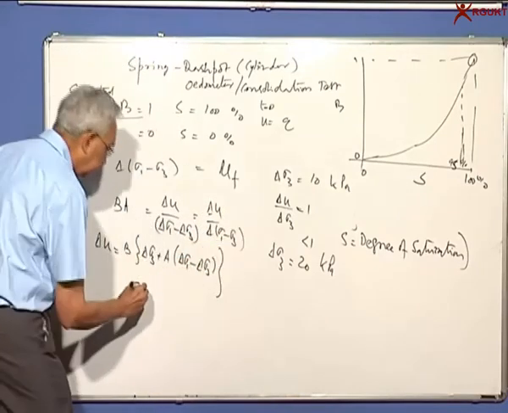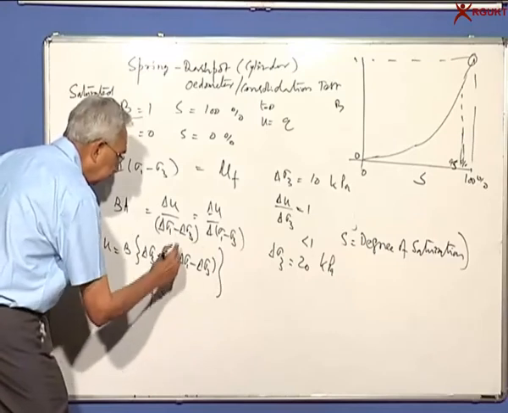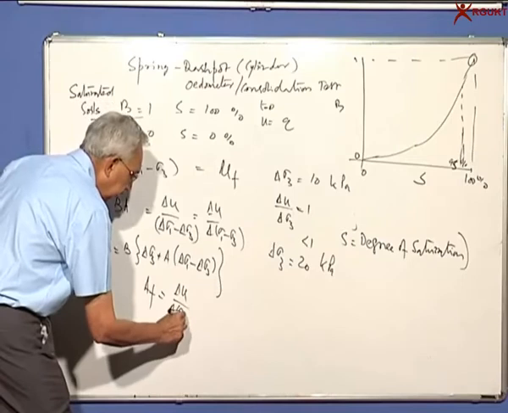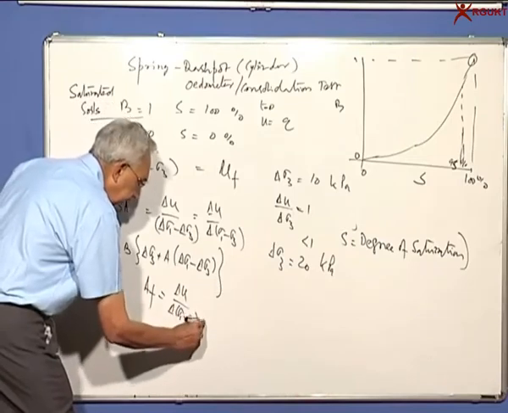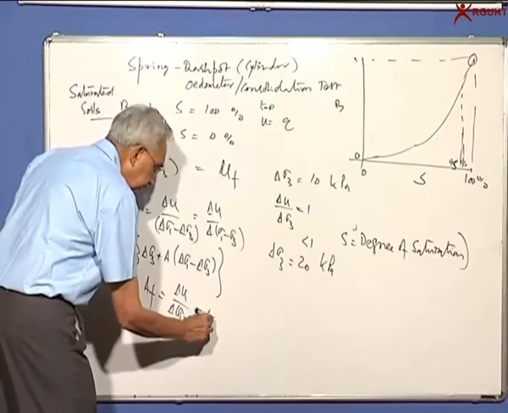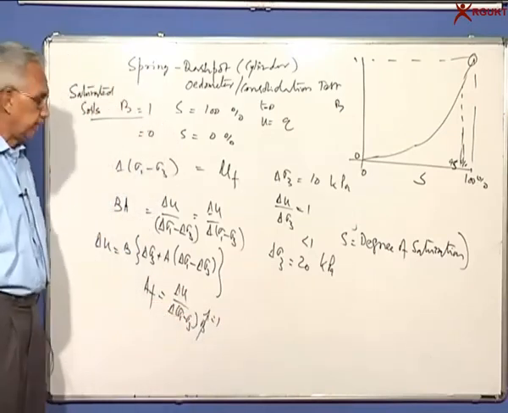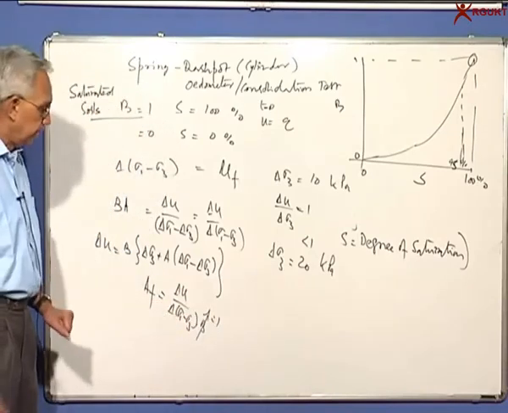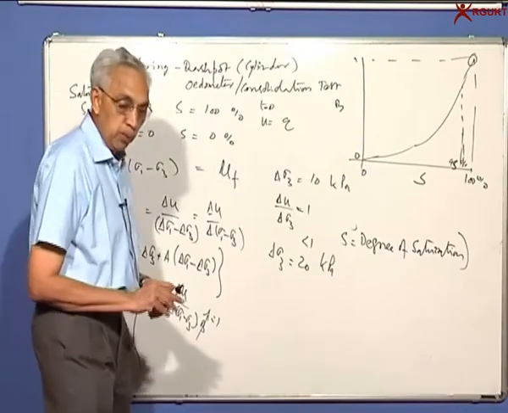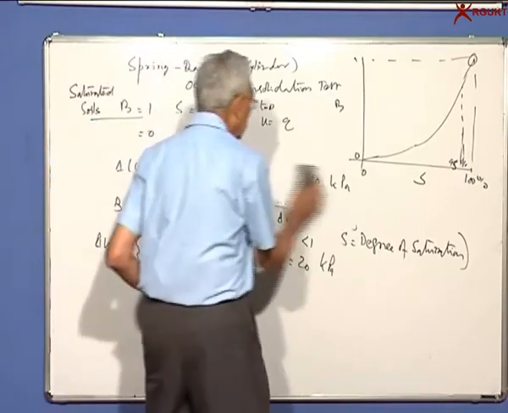A is equal to delta U by delta sigma 1 minus sigma 3 into B, but you just found out that B is equal to 1 for a saturated soil. So I can get A. Why do I write this parameter with the subscript f? Because I am looking at pore pressure at failure.